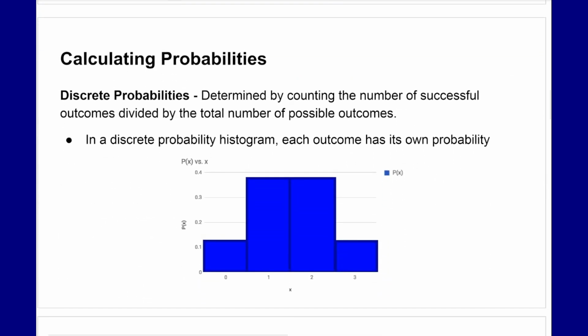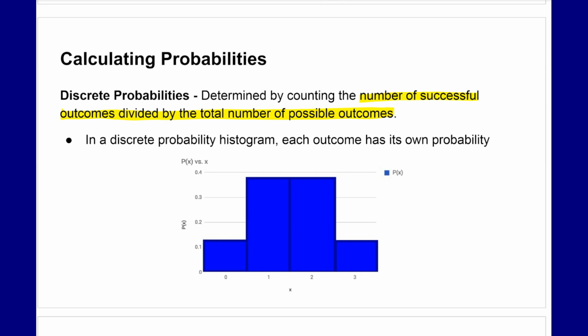In terms of calculating probabilities, when we're looking at discrete probabilities, which is what we've looked at up to this point, it's determined by counting the number of successful outcomes divided by the total number of possible outcomes. Regardless of what the situation is, probability essentially boils down to that.